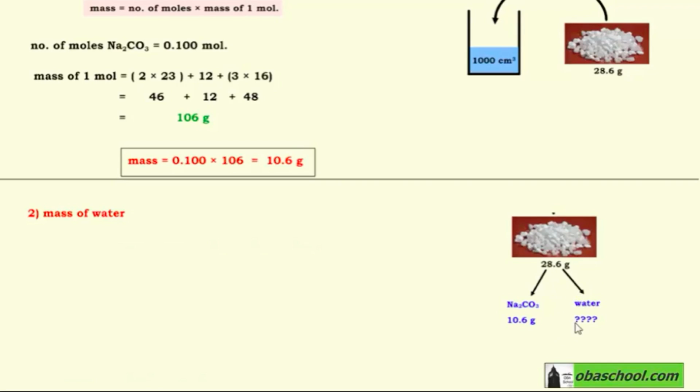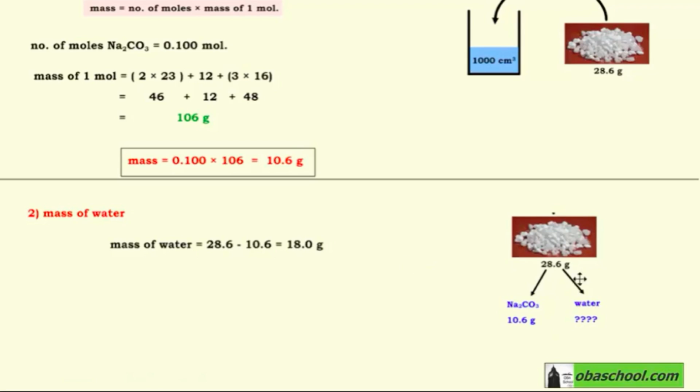I subtract the mass of the entire thing by the mass of the sodium carbonate to obtain the mass of water. So, it's 28.6 grams minus 10.6 grams equals 18 grams. So simply we subtract the whole mass by the mass of sodium carbonate to obtain the mass of water.